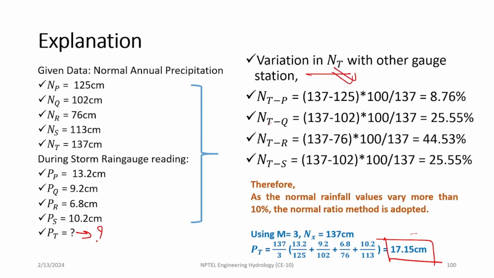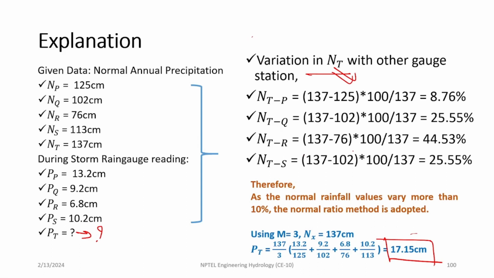This is important. Now, how the normal annual precipitation at station T varies with respect to stations P, Q, R and S. Firstly, we will be computing this. If all these variations come out less than 10%, then we can easily go with the arithmetic method.